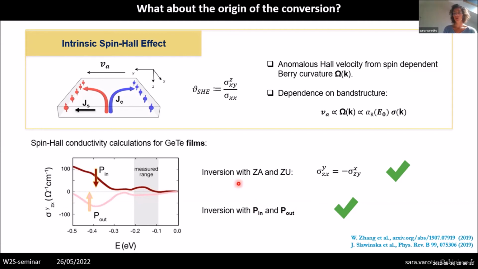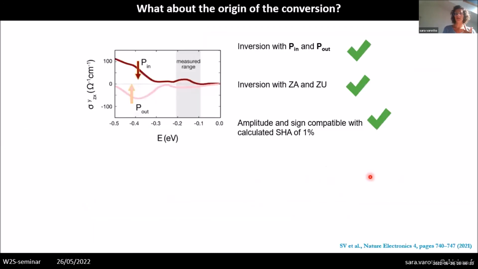So if we invert the polarization, we have an opposite sign of this tensorial component, as shown here. And if we now change the crystallographic direction, we change the tensor component, and by symmetry, they are giving an opposite spin charge conversion. The last point is that the predicted amplitude and sign are compatible with our experiment, and lead to an estimation of the spin Hall angle in germanium telluride of 1%, which is quite large compared to other bulk systems.